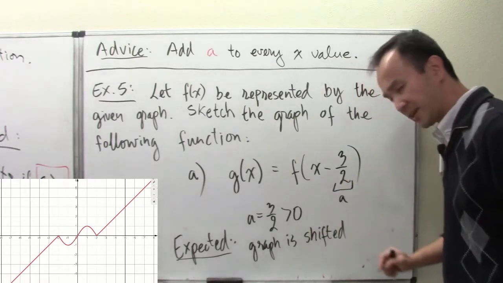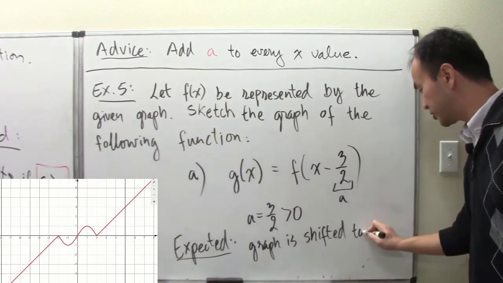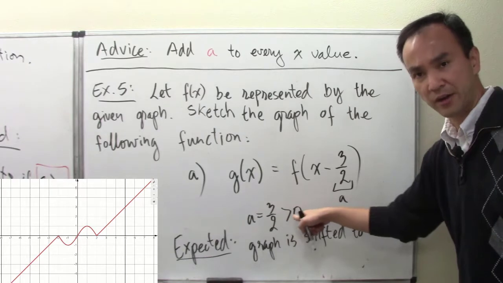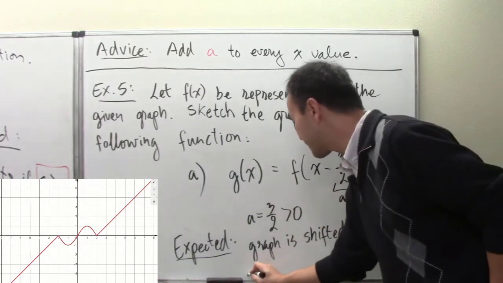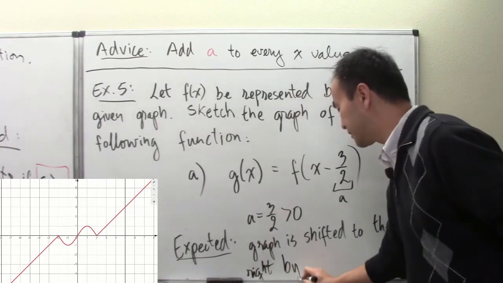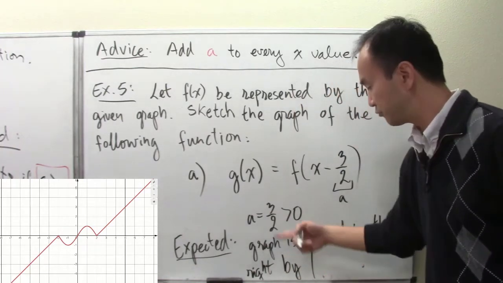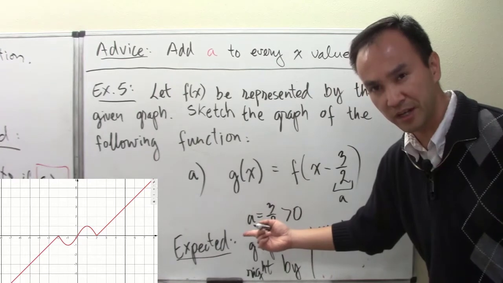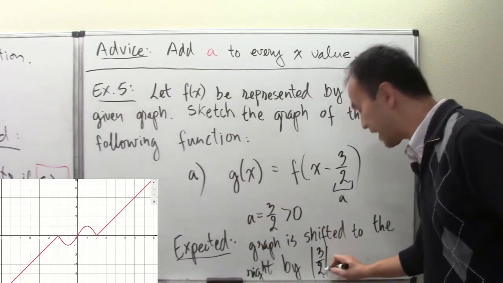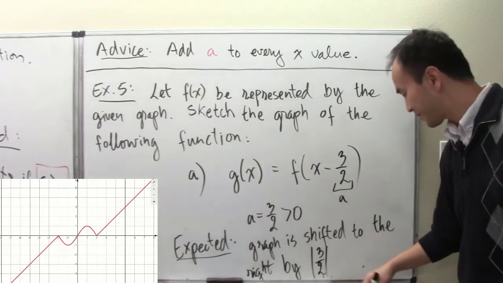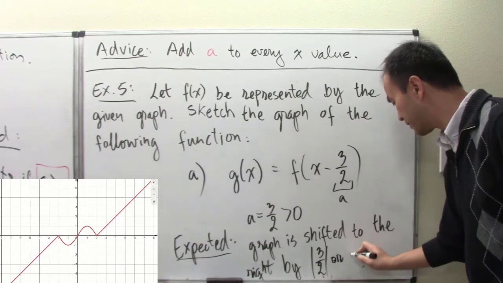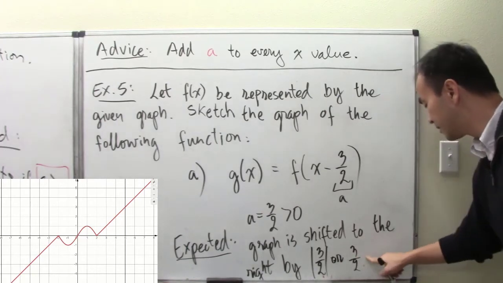But shifted to where? Shifted to the right-hand side, because it's a positive value. Shifted to the right by how far? By the absolute value of 3/2, or simply 3/2 units.